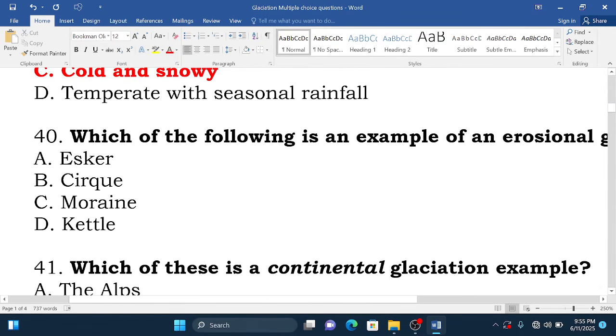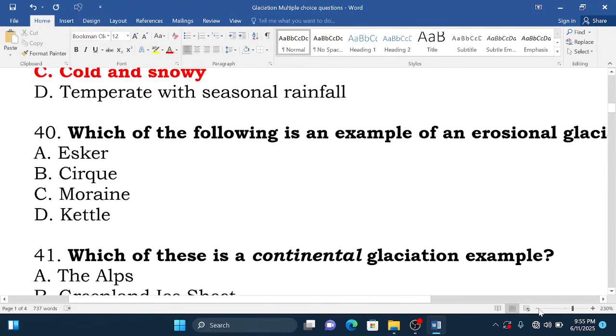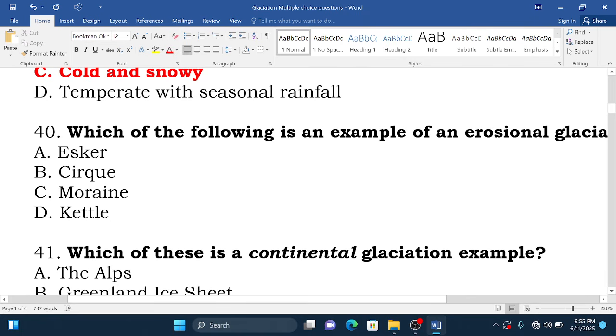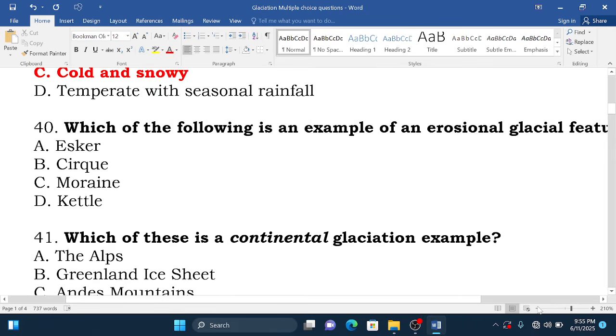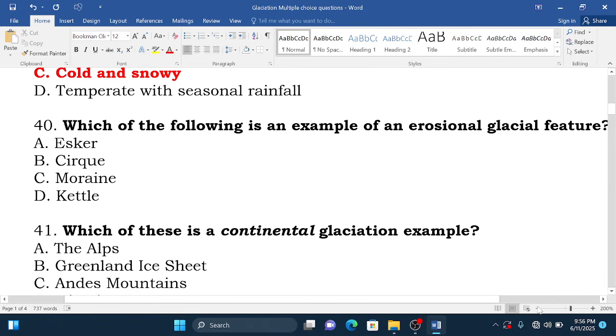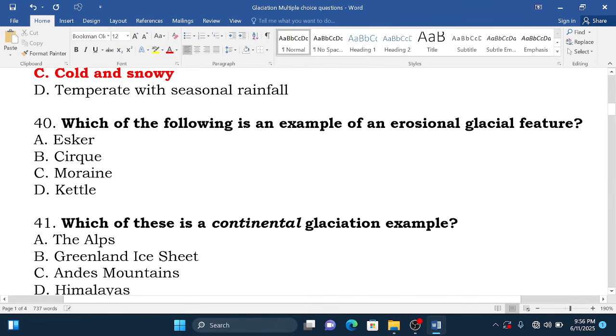Question 40 is asking, which of the following glacial features is an example of an erosional glacial feature? A, esker. B, cirque. C, moraine.